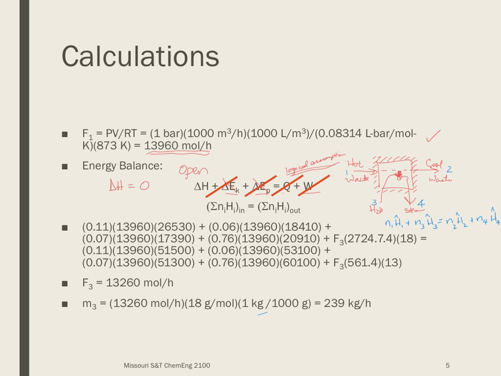When I put the little hats on these H's, it's one way of designating that it has units of like kilojoules per mole, not per kilogram. I'm going to multiply by N1, and this flow rate is in moles per hour in this instance. So my overall units will be kilojoules per hour for my equation.